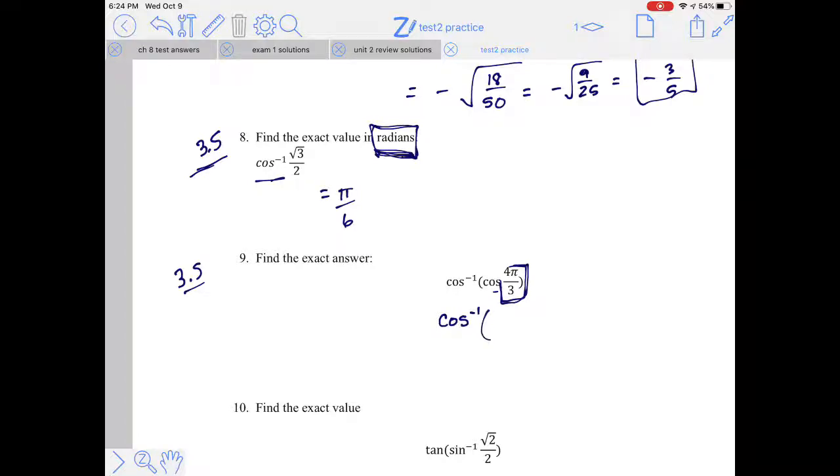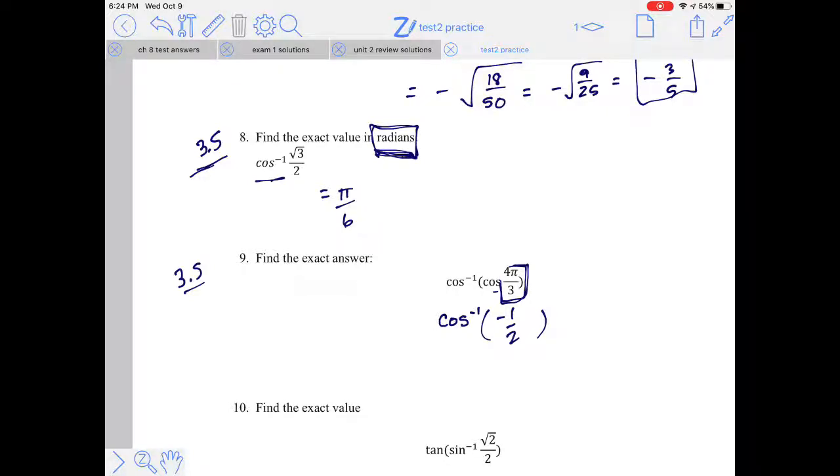So what we need to do is evaluate the cosine of 4 pi thirds into a numerical value. What is the cosine of 4 pi thirds? Negative 1/2. So then we change this to negative 1/2. And now we can evaluate an inverse cosine using the unit circle. Where do we have an x value? Now let me ask you a question. Look at the whole unit circle.